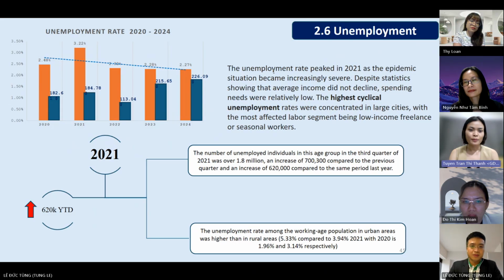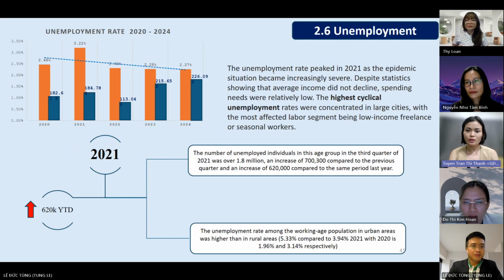And when we look at the bar chart, we can see how the unemployment rate and the income affect the demand for laptops in Vietnam.